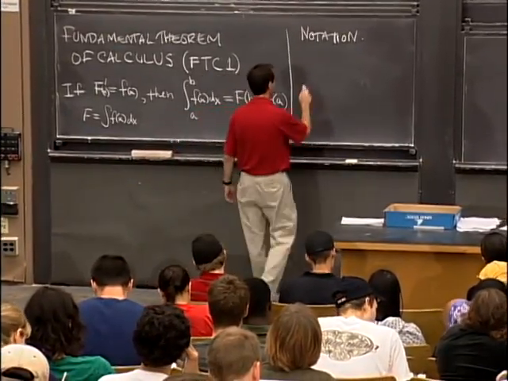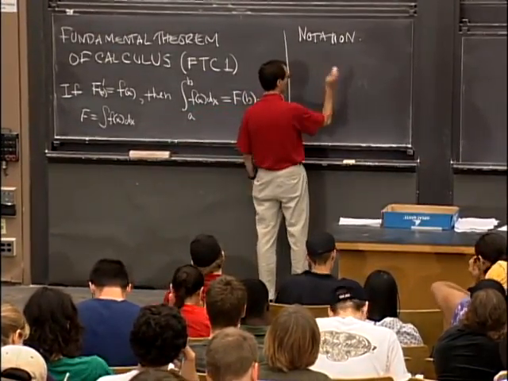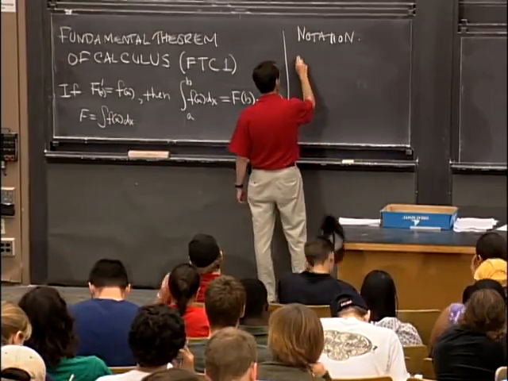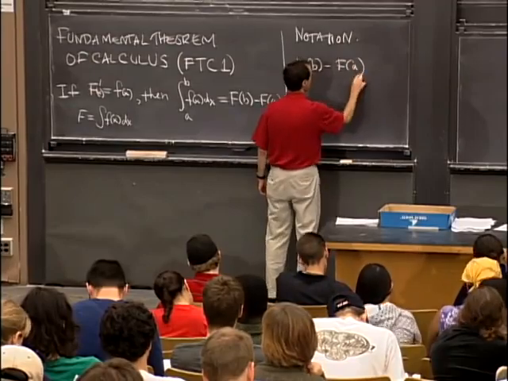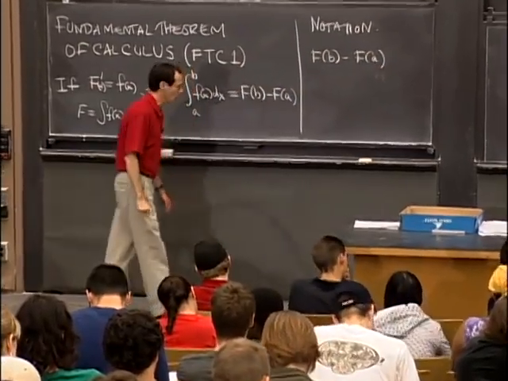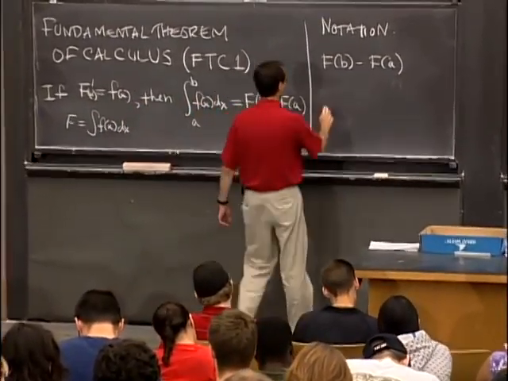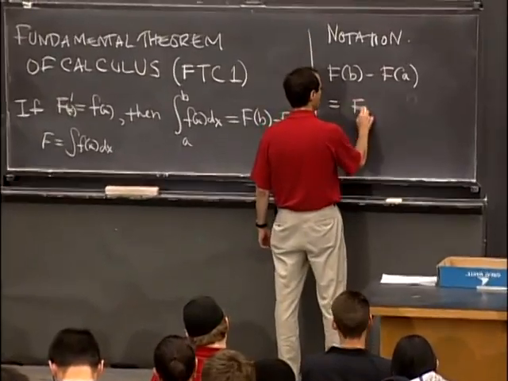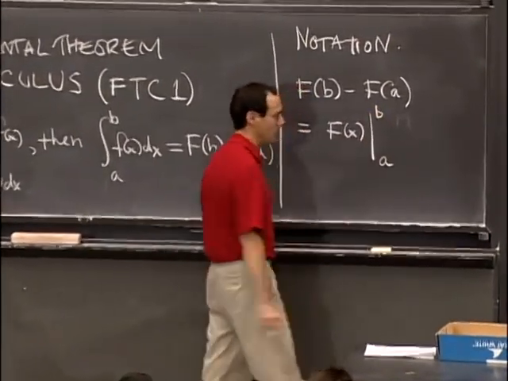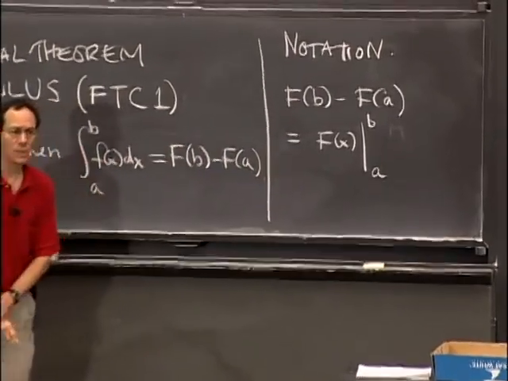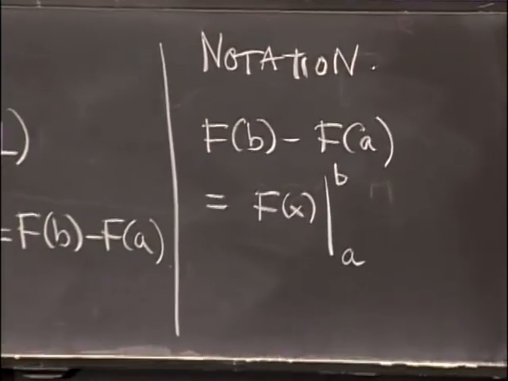It's an abbreviation. Whenever I have a difference between a function at two values, I can also write this as F of x with an a down here and a b up there. That's the notation that we use.